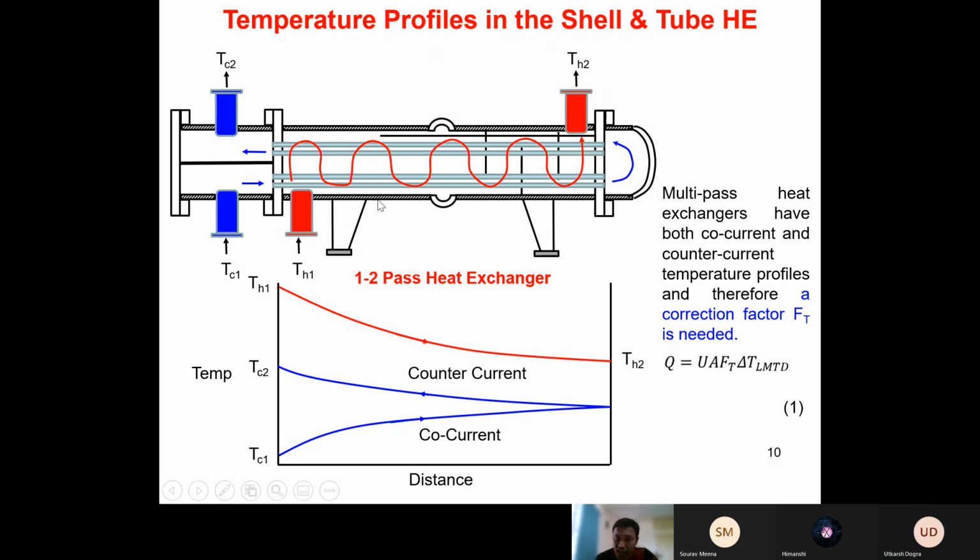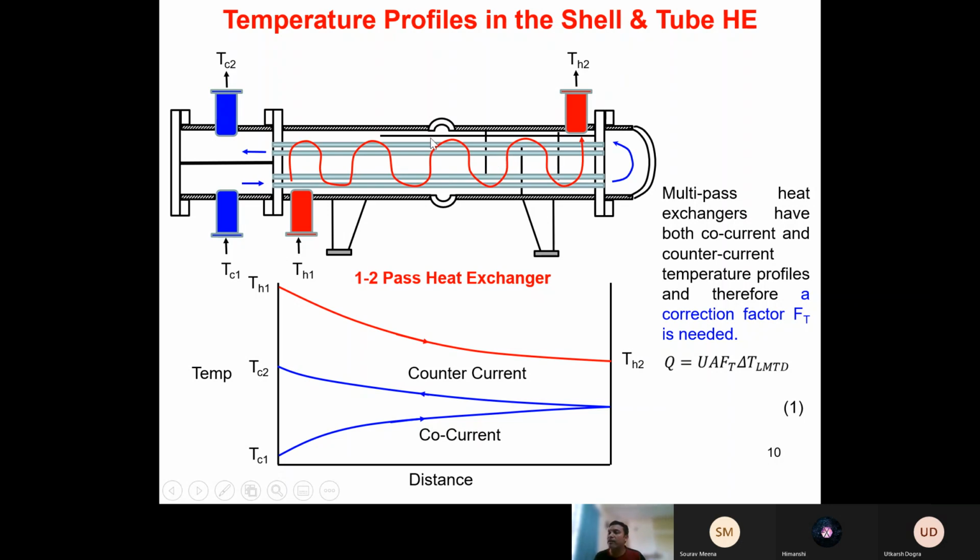Along with that, if you look carefully at the flow of this hot fluid, the cold fluid is flowing in the same direction. It's not following a tortuous path in the tube at all. It is flowing directly in this direction. But if you look at the shell side fluid, it is moving up, coming down, moving up, coming down. It follows a tortuous path because of the presence of these baffles.